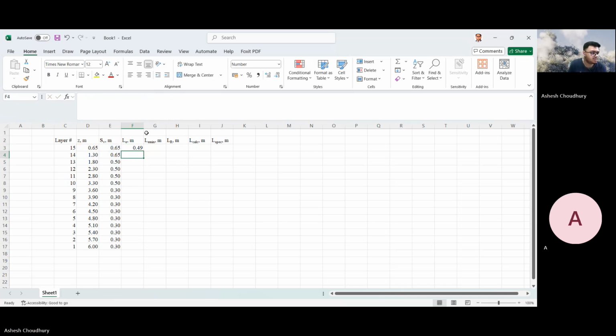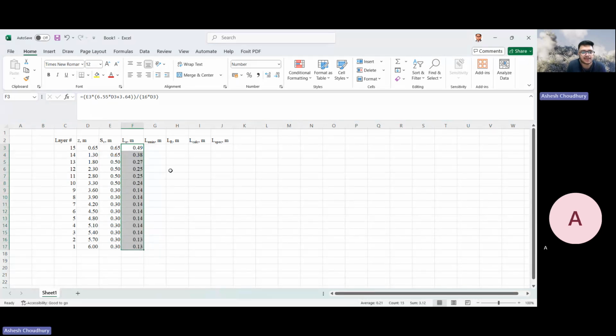Okay. So I got my LEs. So just take it and pull it down. So my LEs are coming like this.